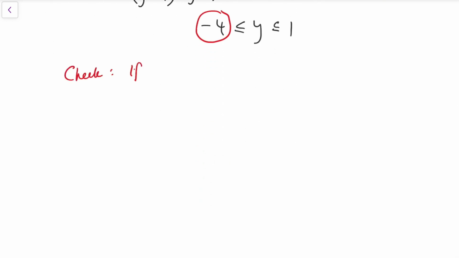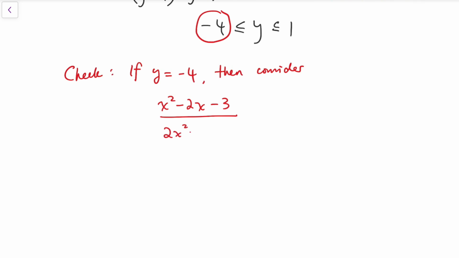Let's check. If y equals minus 4, that means we need to solve x squared minus 2x minus 3, all divided by 2x squared plus 2x plus 1, equals minus 4.